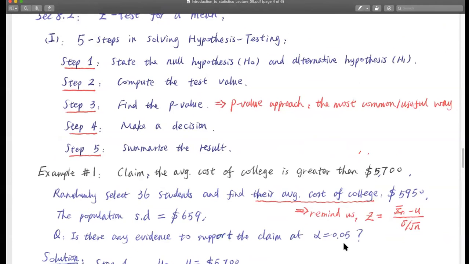That means the probability of making mistakes is 5%. That means we are 95% confident to make that statement. So that's 95% given alpha is 5%. That means the confidence is 1 minus alpha. Remember, we always have that relationship, right? So 1 minus alpha is the confidence, 95%.